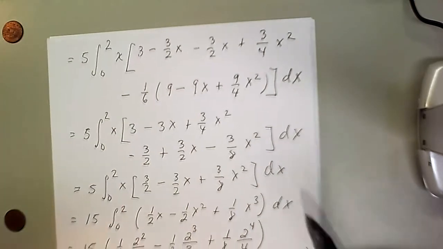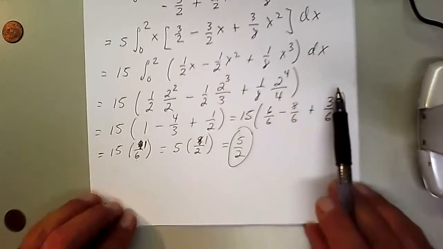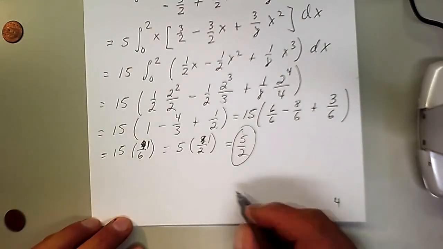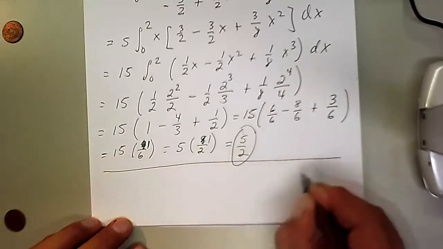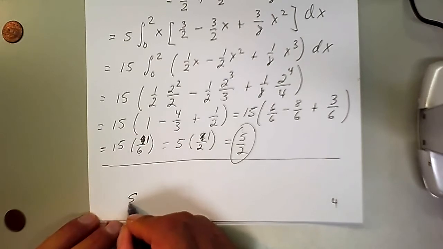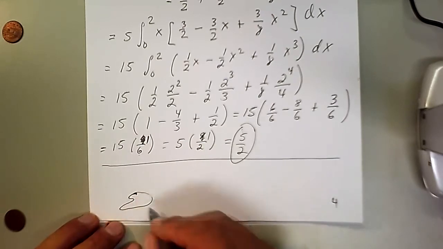Very, very quickly, I just want to say how to find the volume of a generic pyramid. To me, a pyramid has a flat face, doesn't matter what it is.